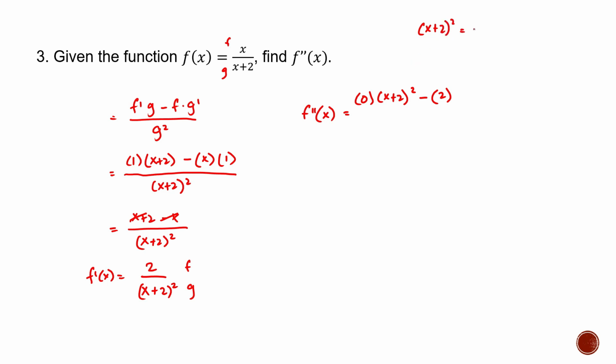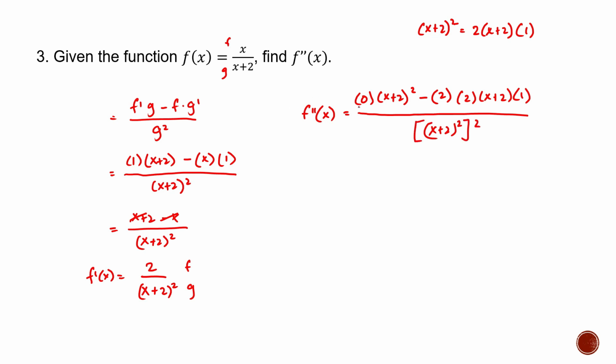So this is equivalent to 2 times x plus 2, right? And then the derivative of x plus 2, which is 1. So this is 2 times x plus 2 times 1, all over x plus 2 squared.